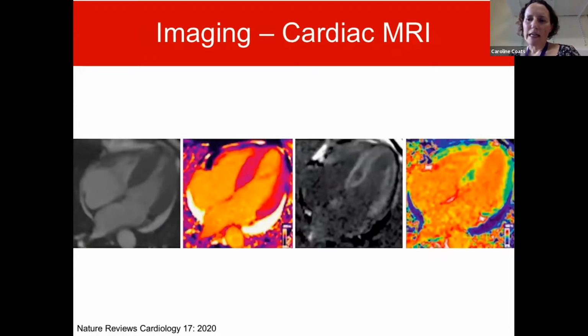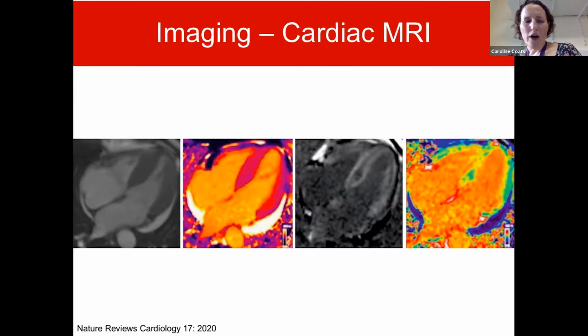Cardiac MRI is really responsible for that inflection that you saw on the graph. We're fortunate in the UK that the National Amyloidosis Centre in London has led a phenomenal amount of work and research into this condition.